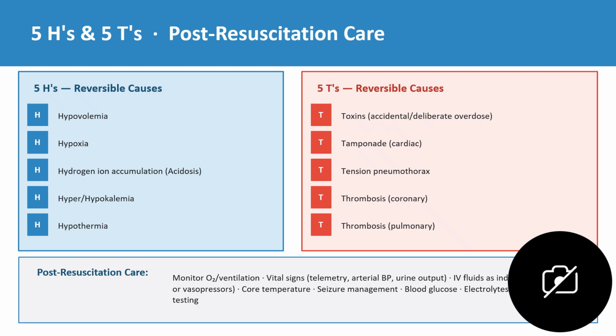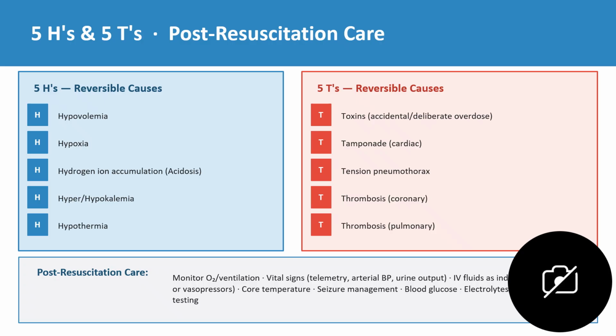When managing PEA or asystole, we systematically search for reversible causes using the 5H and 5T framework. The 5H are hypovolemia, hypoxia, hydrogen ion accumulation, or we call it acidosis, hypokalemia, or could be hyperkalemia, and hypothermia.